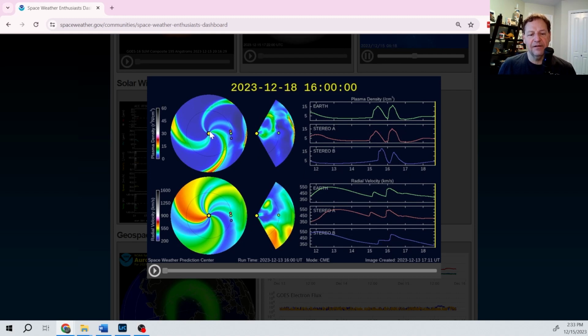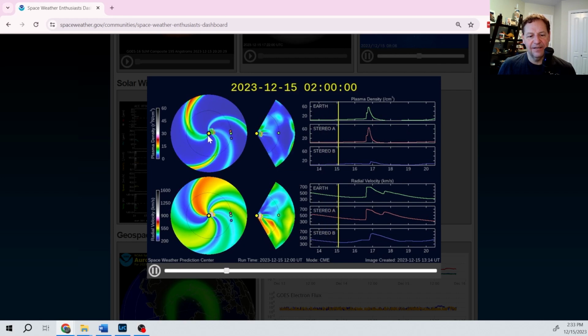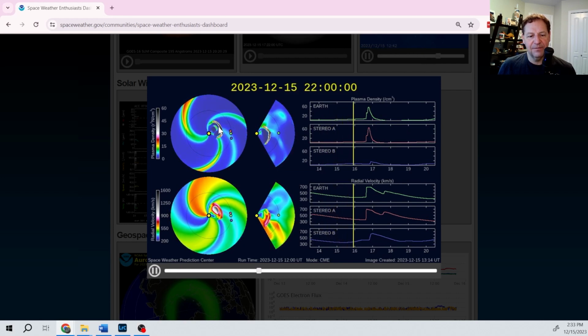So when there are CMEs, sorry, not flares, when there are CMEs, you get this burst of material that flows out and ends up essentially in a spiral pattern. You get sort of this pinwheel. If I animate it, you can see as the sun rotates. So there's a big CME.